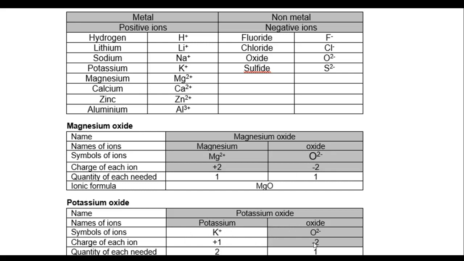The charge is -2. So in order to make the charges balanced, because we've only got one here and two here, we need 2 potassium ions to make sure that we have enough positive charge compared to the negative charge. Therefore the formula would be K2O.